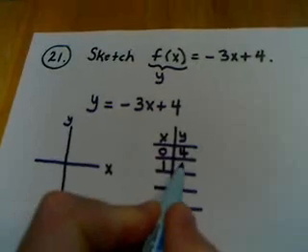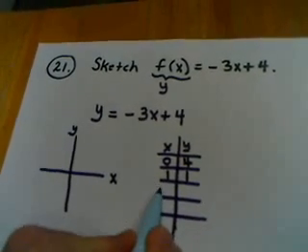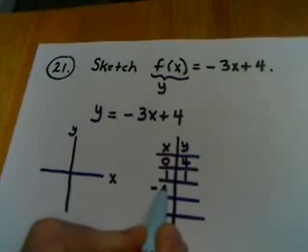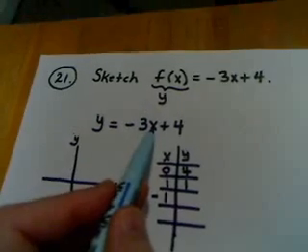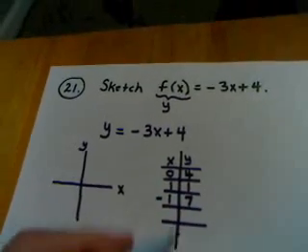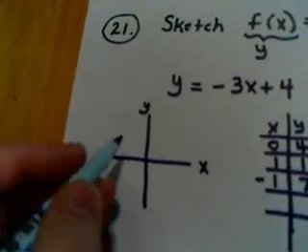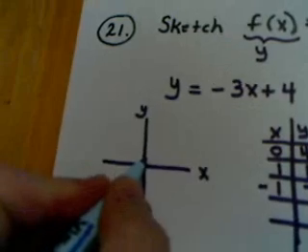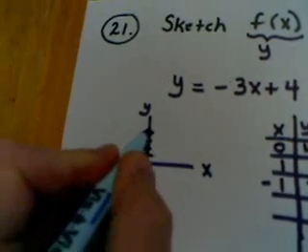So when I put in a 1, I happen to get out a 1. If I put in, let's say, a negative 1, negative 3 times negative 1 is 3. 3 plus 4 is 7. And of course, I could continue doing this. When I plot these points, I have the ordered pair 0, 4, which is approximately there.